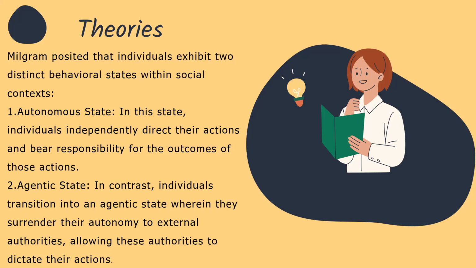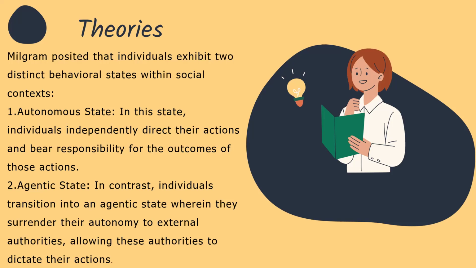And the third one is cognitive dissonance theory. Developed by Leon Festinger, this theory suggests that individuals experience discomfort when their beliefs or behavior are inconsistent. In Milgram's study, participants may have experienced cognitive dissonance when they administered shocks to learners, but their obedience to the experimenter's authority justified their actions, reducing dissonance.